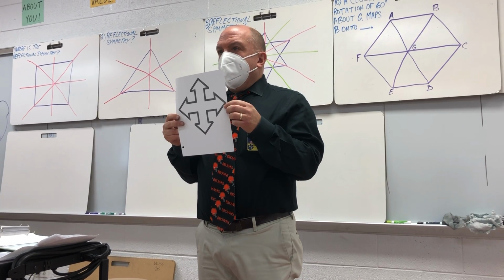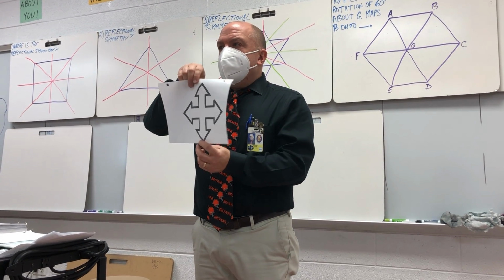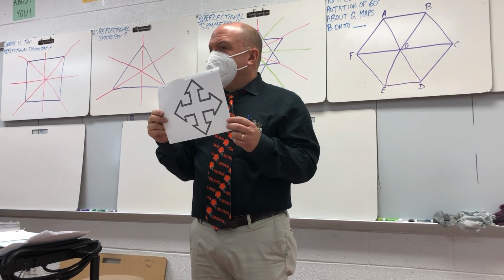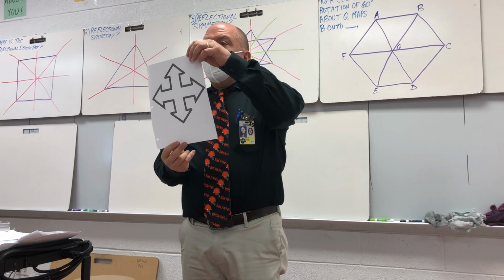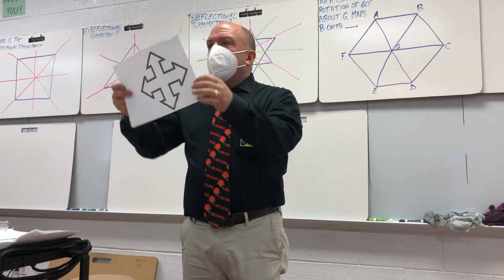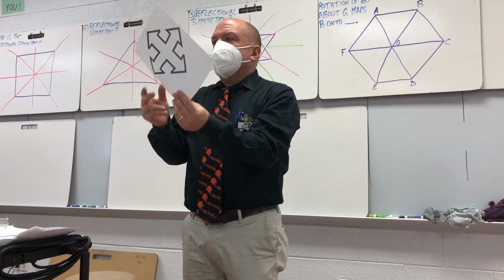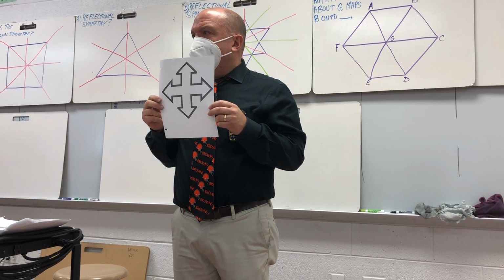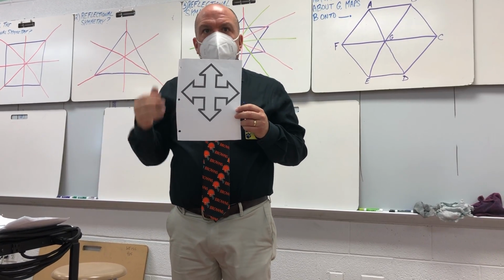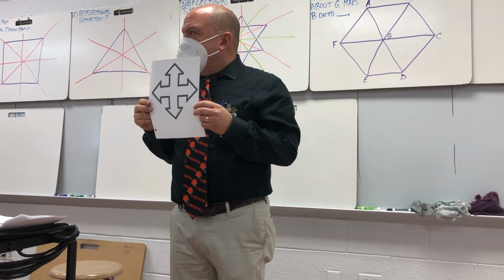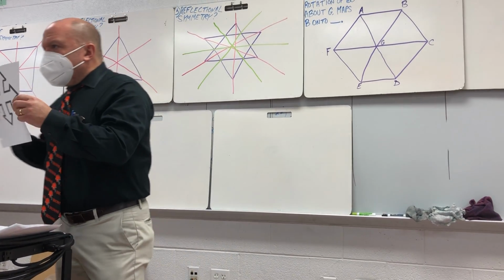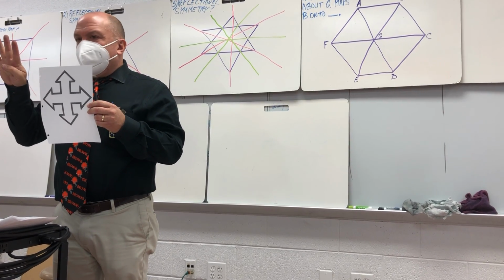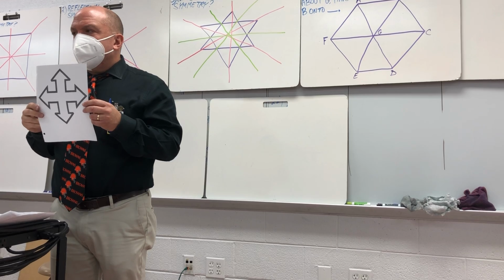If I just rotate this 90 degrees, don't I have the same exact figure? In fact, if I turn this all the way around 360 degrees, how many times will I have the same figure? 4 times, thank you, Jaden. Does everyone agree with that? If I turn this all the way around in a 360 degree turn, I'll have the same figure 4 times.